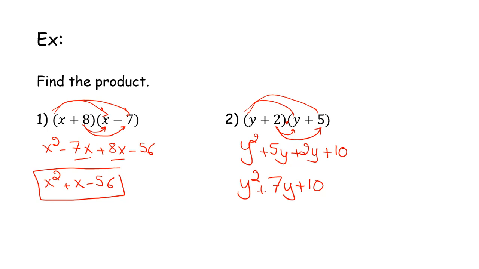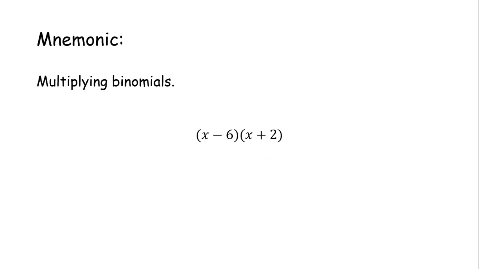Now let's try to teach you a cute mnemonic that we use in multiplying binomials. Here is the mnemonic. Let me write it first. The mnemonic is called FOIL. And FOIL is a representation of the distributive property when multiplying binomials.